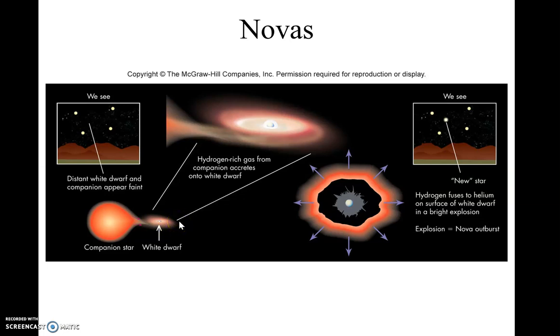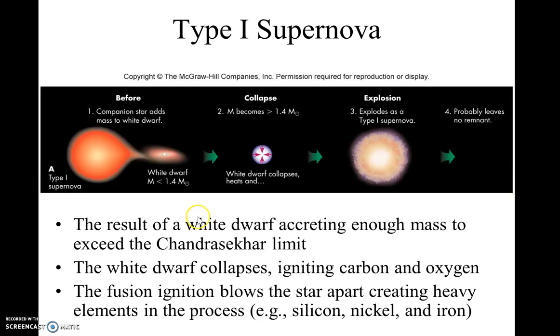Although the modern terminology is that it's called a type 1A supernova. Anyhow, in the old days it was just called a nova. Now it's a type 1A supernova.